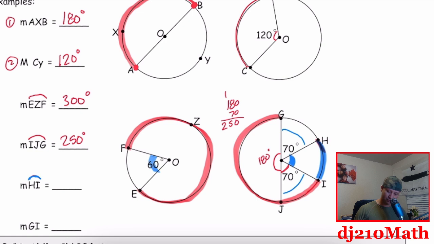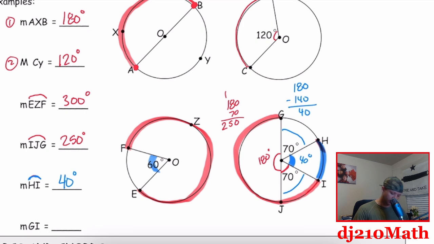The semicircle is 180, so I'm going to take away 70 twice. 70 and 70 is 140. If I take away 140, we get 40. So this right here is 40 degrees, and if you add them all up, 70, 70, 40, you get 180. So HI is 40 degrees.